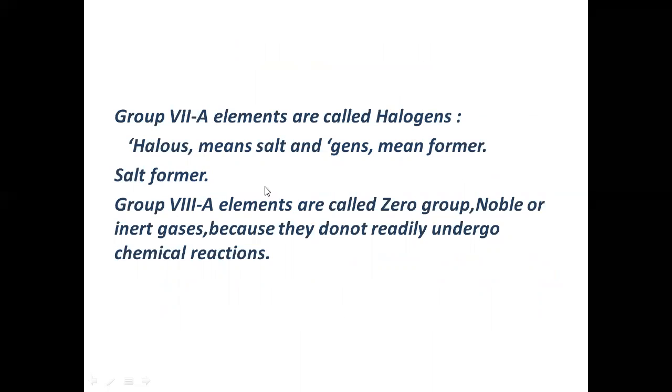Group 8A elements are called zero group, noble or inert gases. Why? Because they do not readily undergo chemical reactions. Their outermost shell is completely filled, so they don't need to react with other substances.